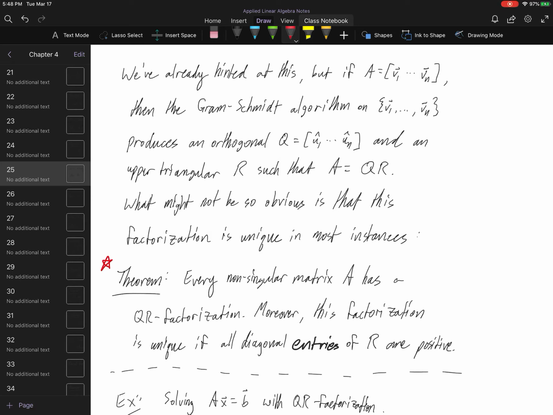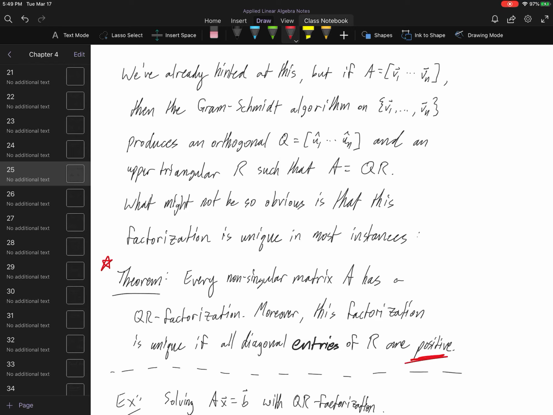This theorem is telling us that once you have computed a QR factorization for a given matrix, then you have the QR factorization for that matrix. The way you can tell it's unique is if the entries of R on the diagonal are positive.